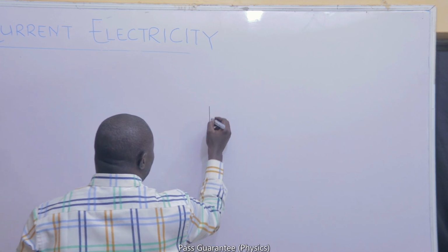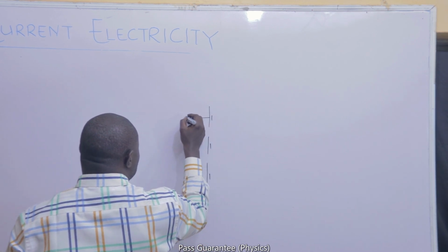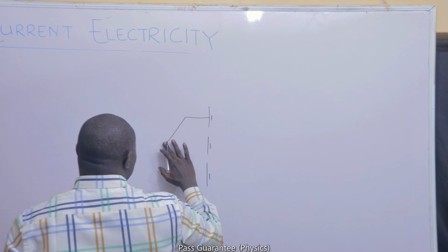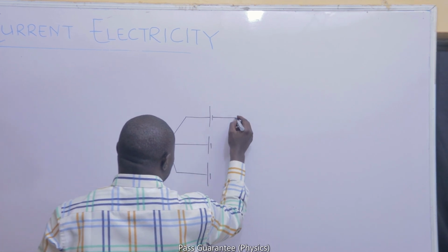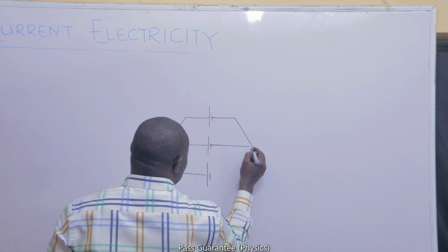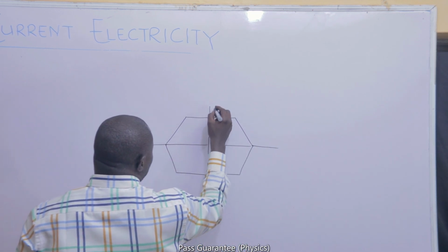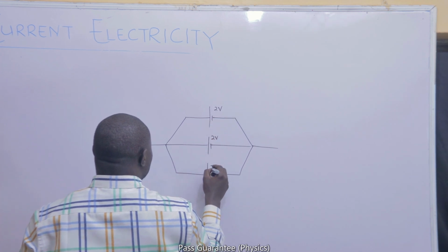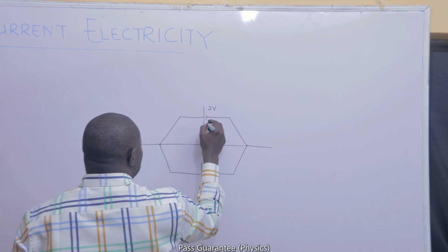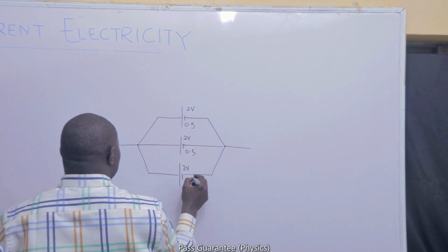When cells are connected in parallel, the resultant EMF, let us assume that each of them has an EMF of 2 volts, 2 volts, 2 volts, and an internal resistance of 0.5, 0.5, and 0.5.